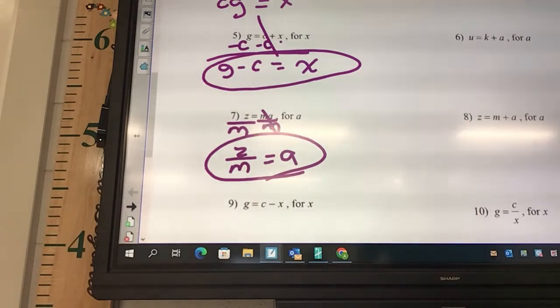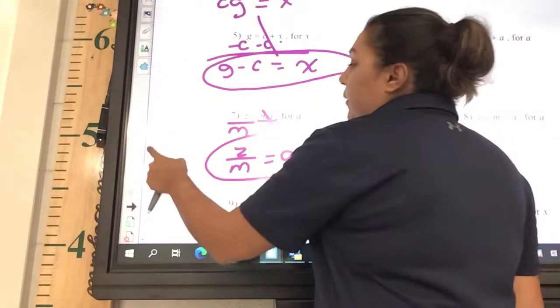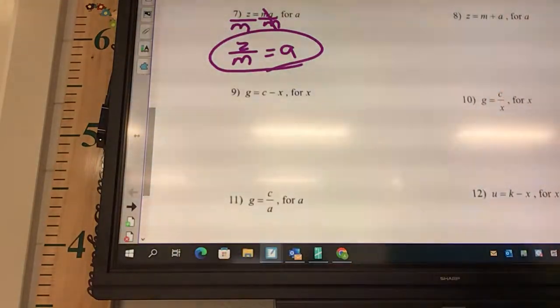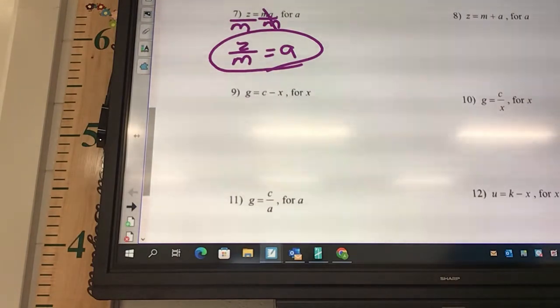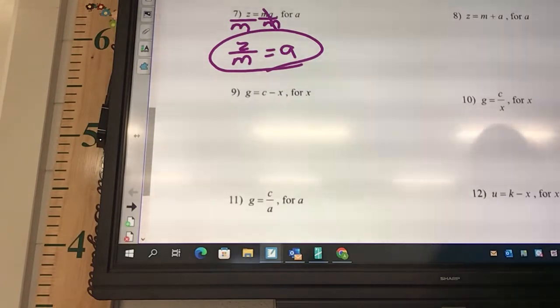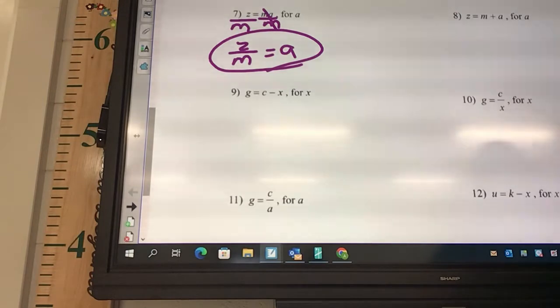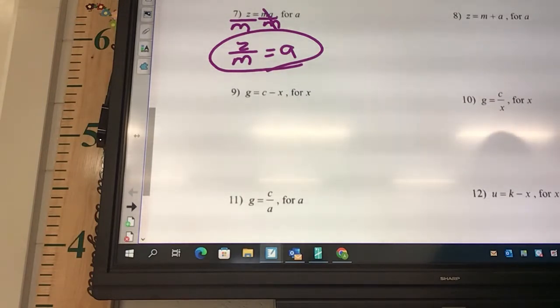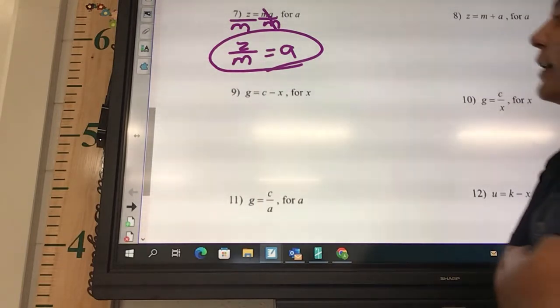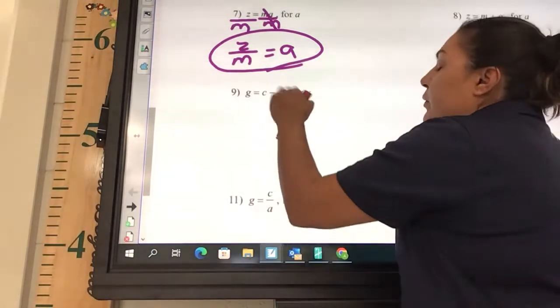Number 9, I got G equals C minus X. What am I solving for? Take a second and think. I'm solving for the X. This one's a little bit more complicated because there's really a -1 in front of this X. To make it a little easier, I'm going to move some stuff on the other side.